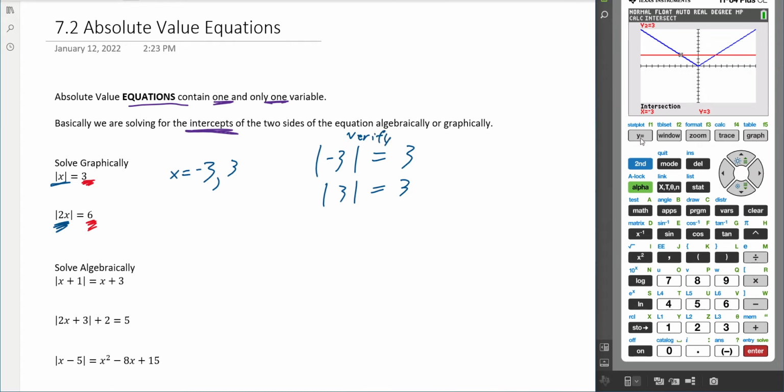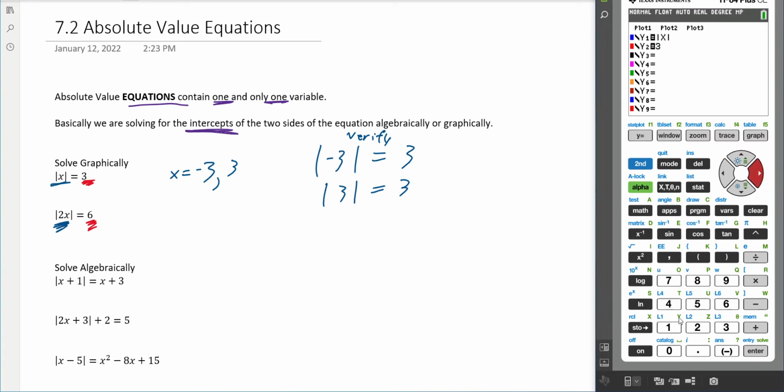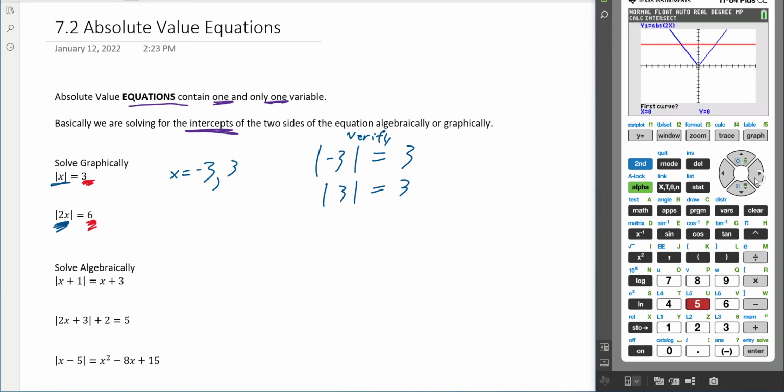All right, let's try the second one. 2x is 6. So here we have this equation. We can solve this algebraically or graphically, but we are doing graphically right now, so we're finding the intersect.